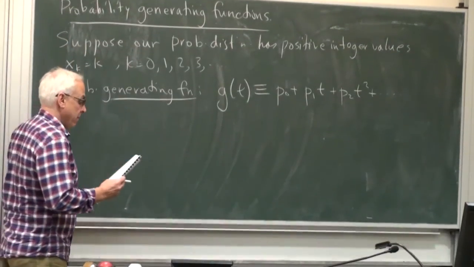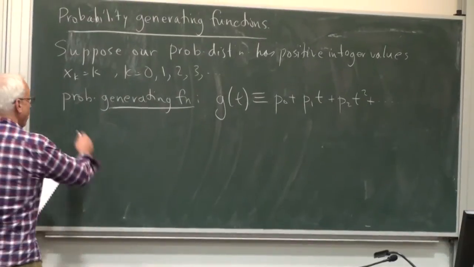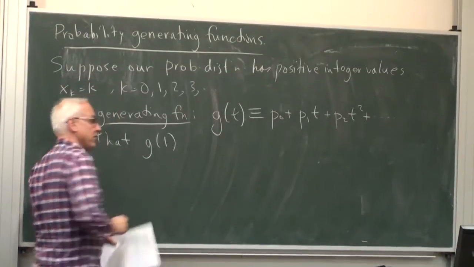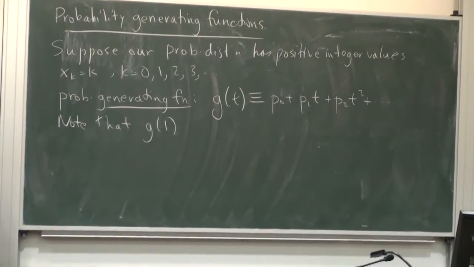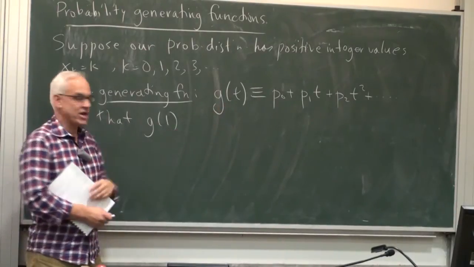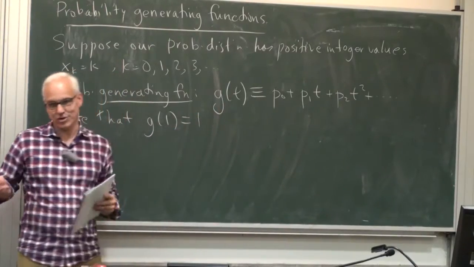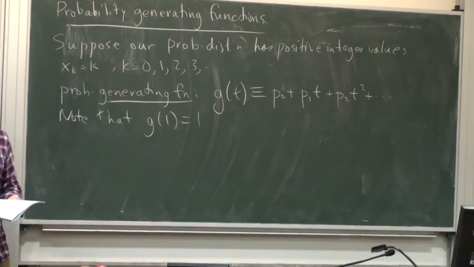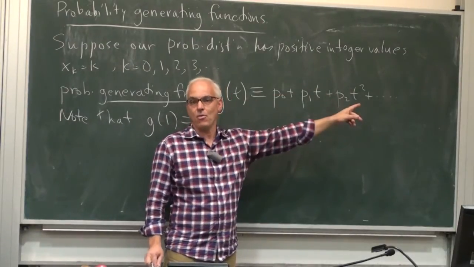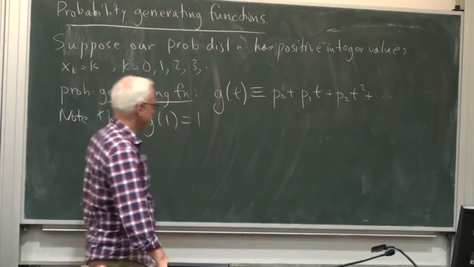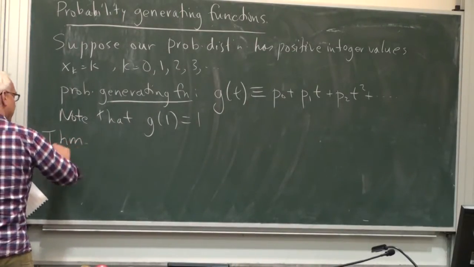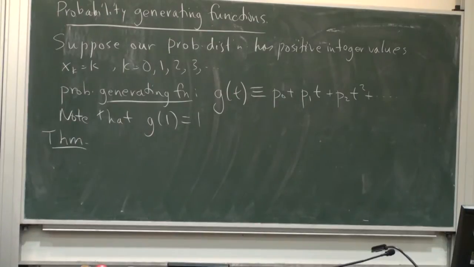Note that if we plug in t equals 1, then we're just getting the sum of all the probabilities, which has to be 1. Because we're assuming that we have a probability distribution. All these numbers are between 0 and 1, and they add up to 1. All right, so here's a theorem that holds in great generality.